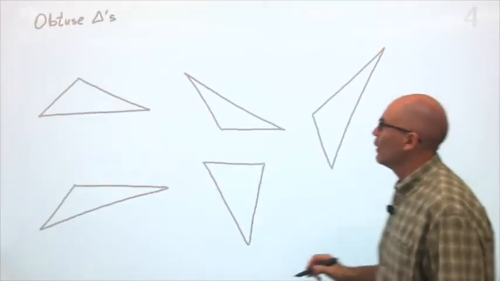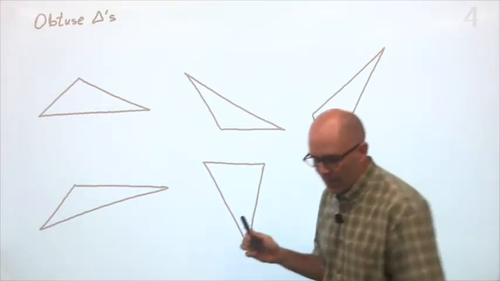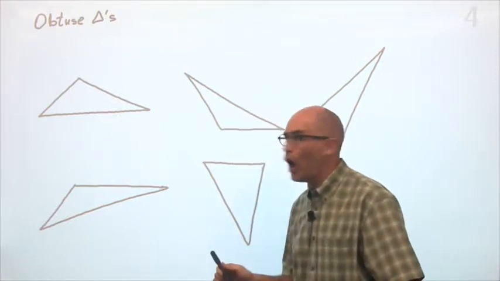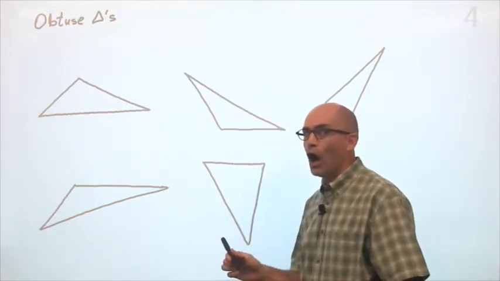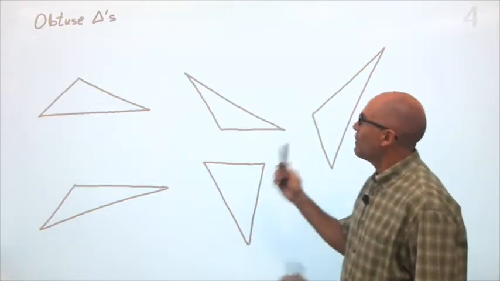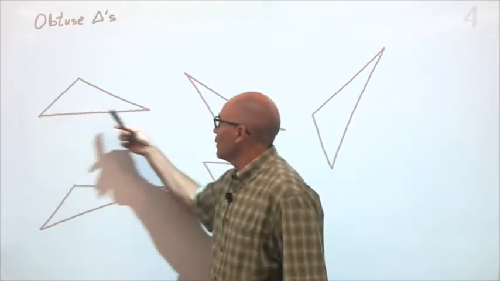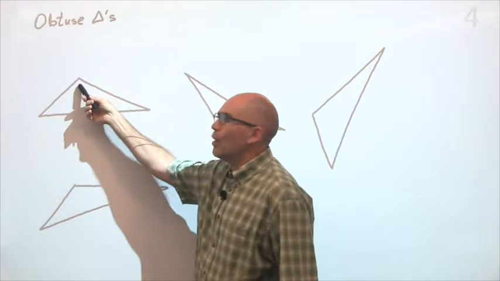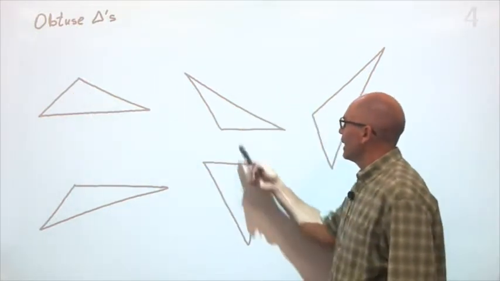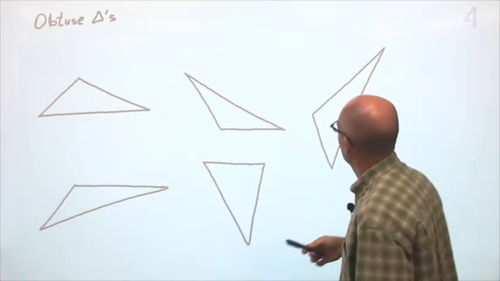Now, here are obtuse triangles. And once again, one of them is an imposter. All right. Obtuse triangles. So notice we have, here's an acute angle, and an obtuse angle. So this is an obtuse triangle. Here's an obtuse angle, so that automatically qualifies.